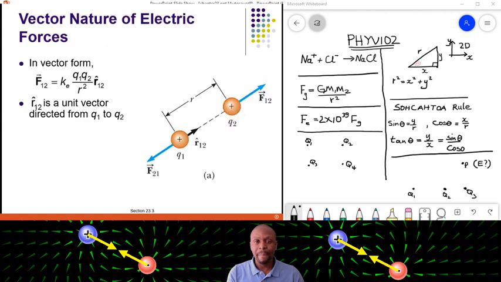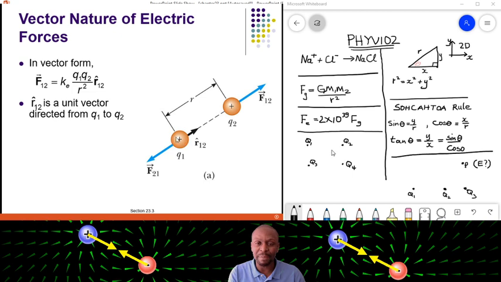Now, based on the fact that force is a vector, this is the vector notation of a force, where r is just a unit vector pointing in the direction of that force. I must also state that F12 is the same as F21, regardless of the magnitude of these charges.